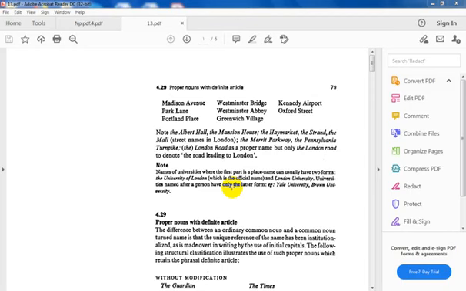It means if the word university is related to the name of a place, I can use both forms, sometimes with of, sometimes without of. For example, University of London, or London University.